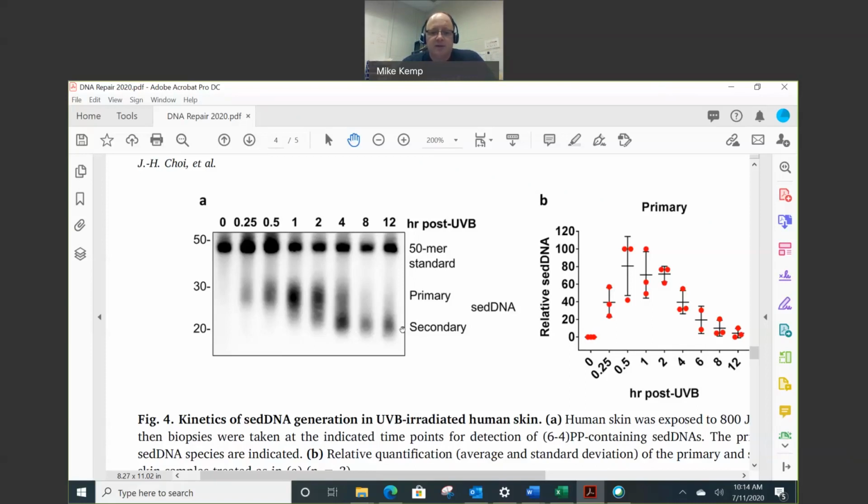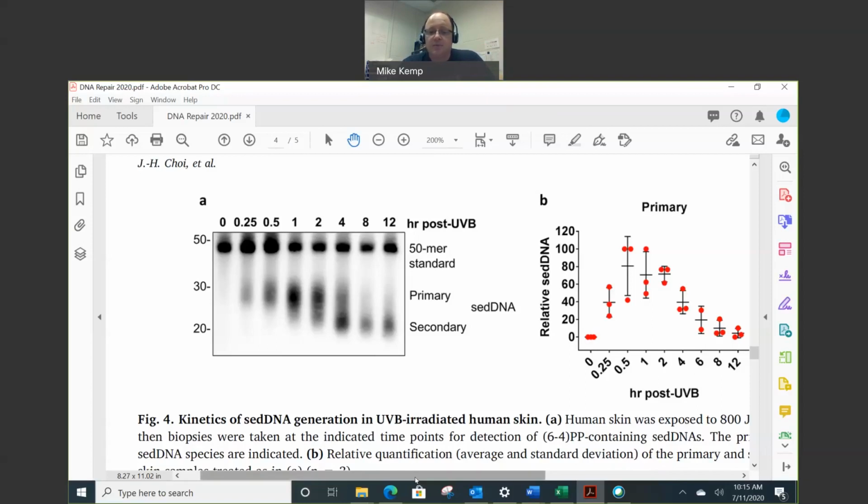However, based on the data we've generated, the secondary product seems to be bound to a protein known as RPA, or replication protein A. RPA is a single-stranded DNA binding protein. We really don't understand this transition from the primary to secondary product and how that happens, but it seems to be consistent in cell-free systems and in cell culture. So that's what these two populations of excised DNAs represent in the skin.